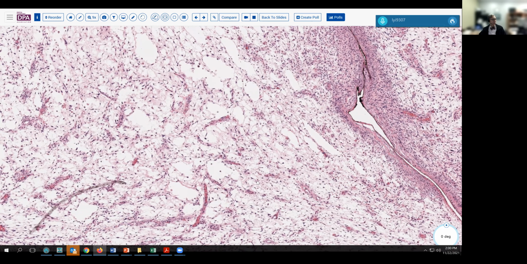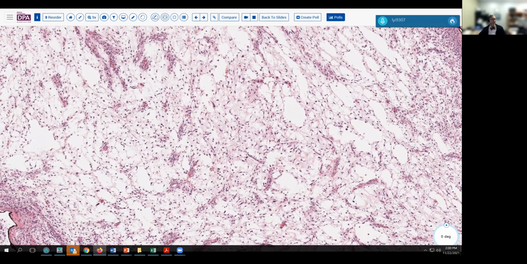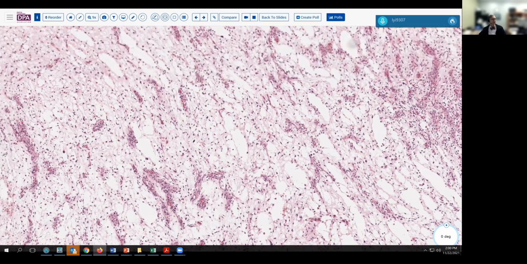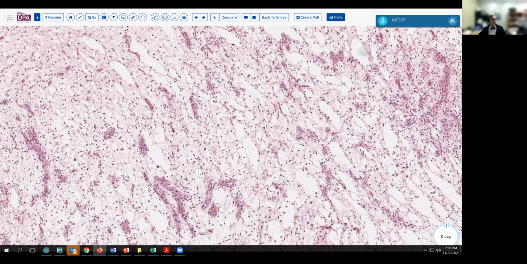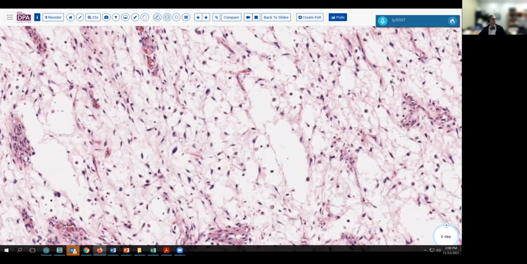There's not much normal fat remaining here. There are a few slightly atypical cells in the midst of this. So, if we were looking at just this and we had some normal fatty tissue next door, this degree of atypia would probably get us to say, oh, could this be a well-differentiated liposarcoma?